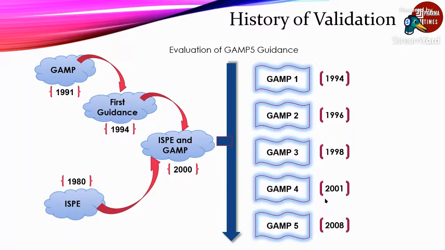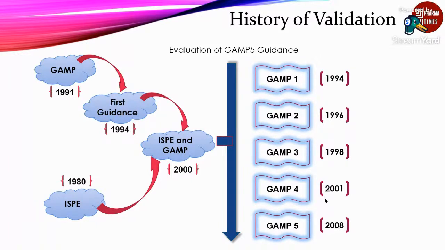Then the first guideline of GAMP was published by only the GAMP people in 1994. Then ISPE and GAMP merged in 2000. So GAMP 1, GAMP 2 in 1996, GAMP 3 in 1998. So three guidelines, GAMP 1, 2 and 3, were published by the GAMP team.